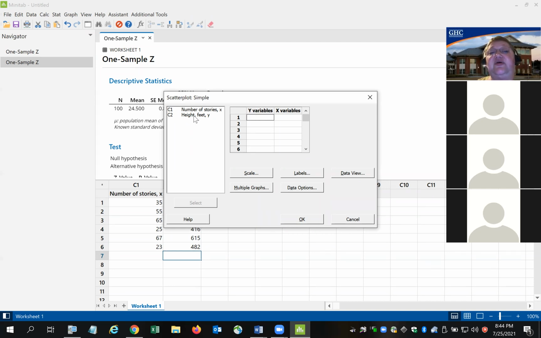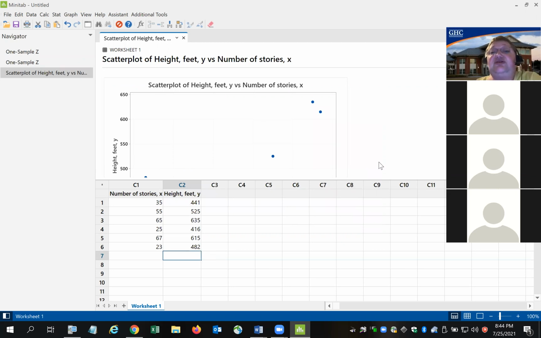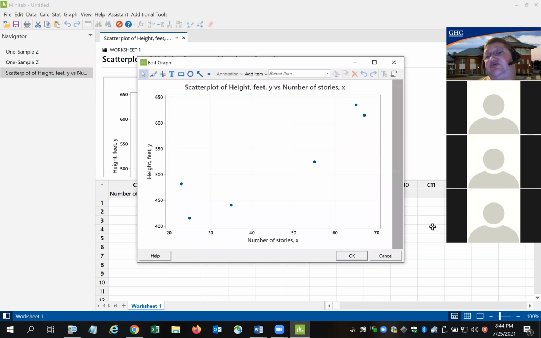The Y variable is the height. The X variable is in column 1. And I tell it okay. And I don't have to get fancy and put a title and all that. I just need to be able to look at the picture. And so here's the scatter plot, which looks like the one I had on the paper.